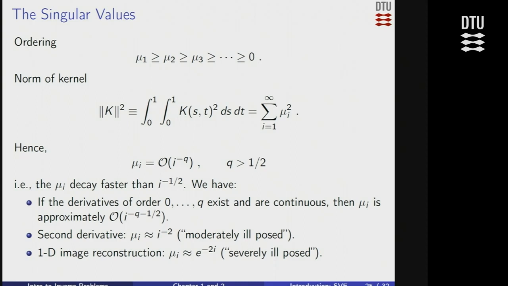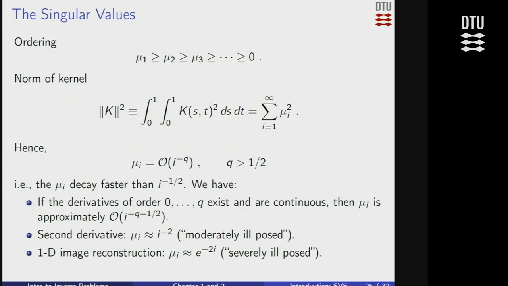And so what about q? Can we actually say a bit more about that number q there that defines how fast the singular values decay? Well, there's a bit of theory along that direction, and the theory says that if k has derivatives of order 1, 2, 3, and so on, until q, if those derivatives exist and are continuous, then we will have that decay there of the singular values.